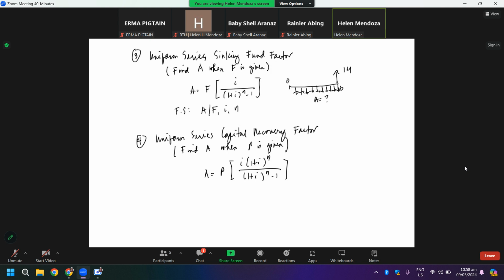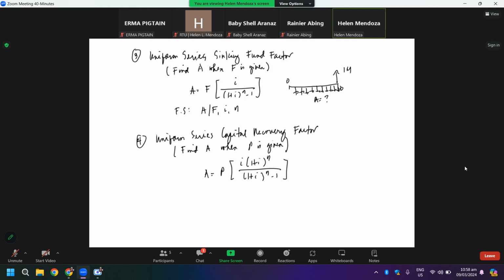If you see the difference between, for instance, formula 1 and 3, 3 is simply the reverse of 1, and 4 is simply the reverse of 2. Meaning, if you would like to familiarize yourself with the different factors, all you have to do is to familiarize yourself with only 2 of the 4.